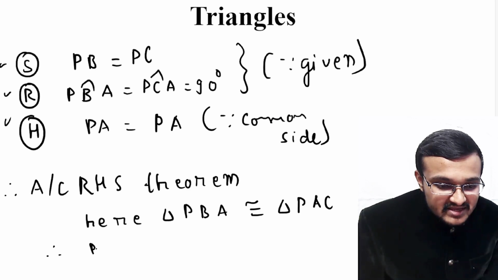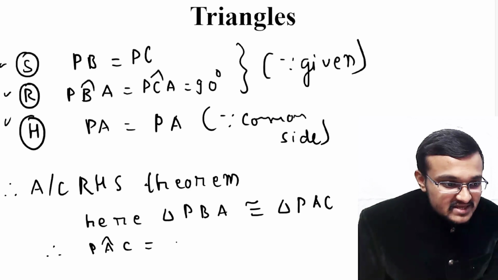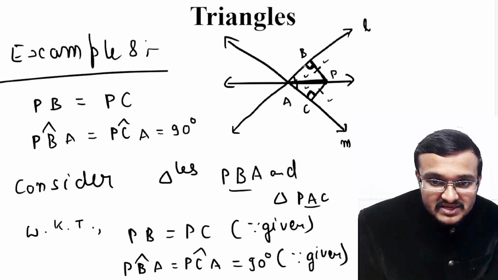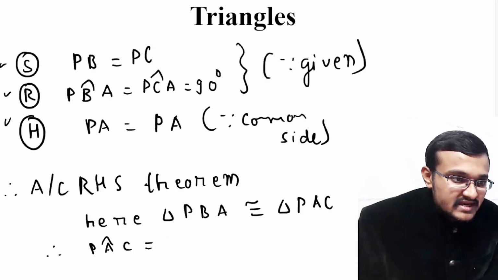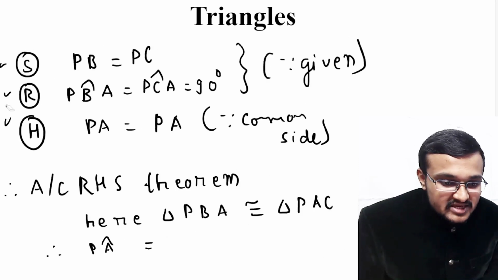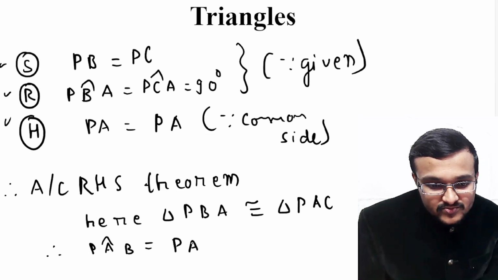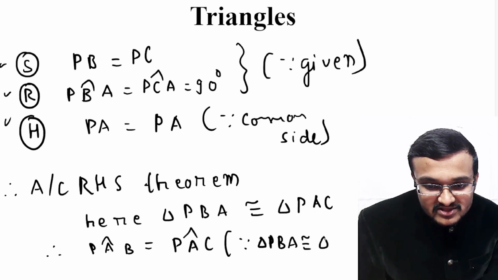Therefore, PAB is equal to PAC. This is because triangle PBA is congruent with triangle PAC.